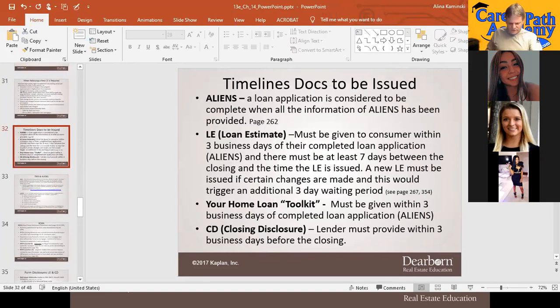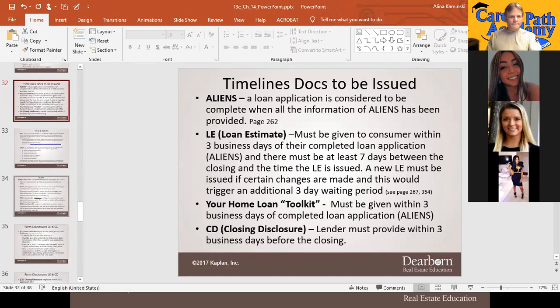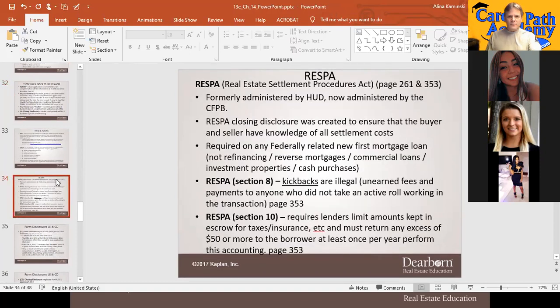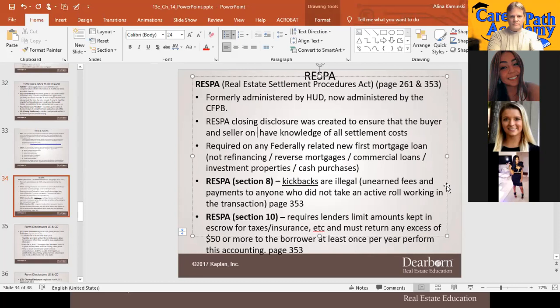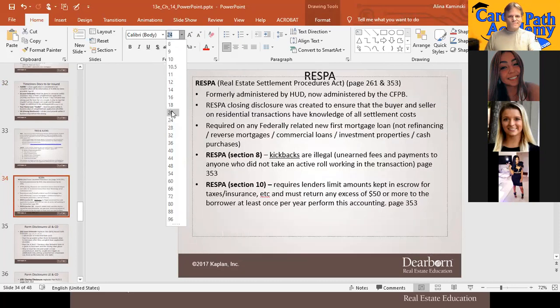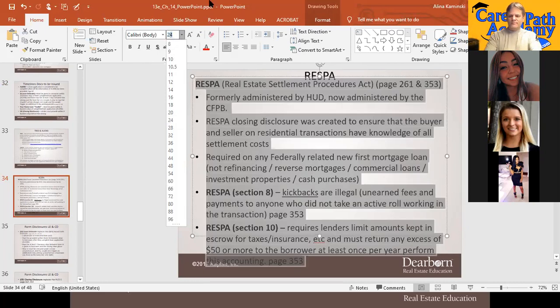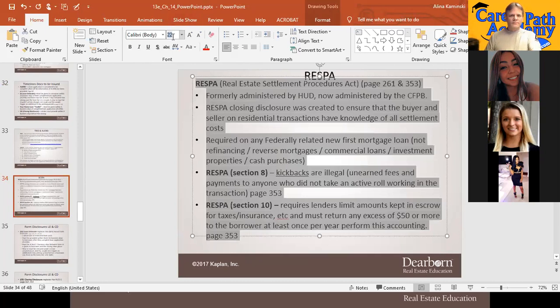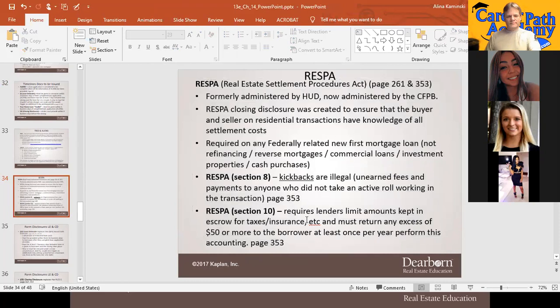Yeah, you're highlighting basically the first two sentences there under RESPA requirements on page 353. Okay.